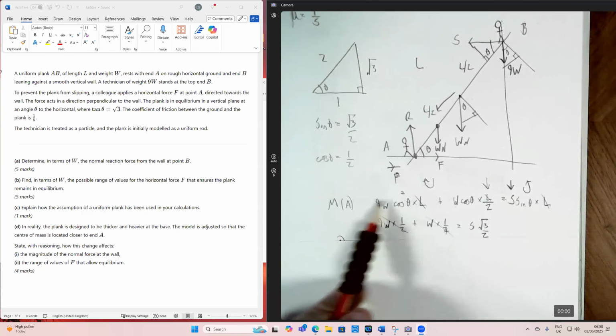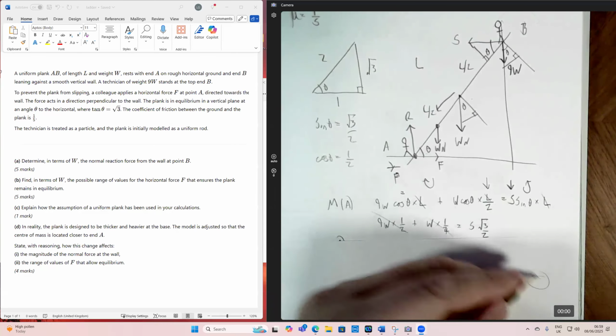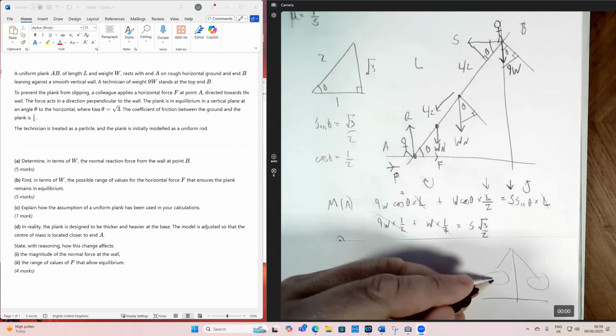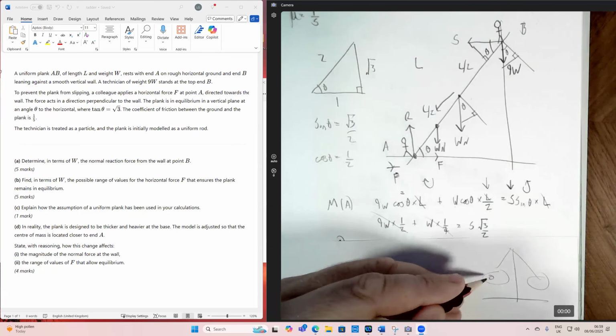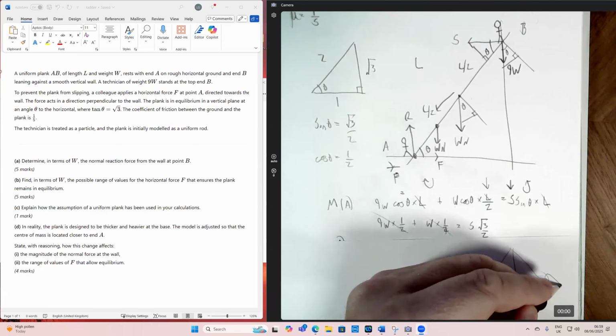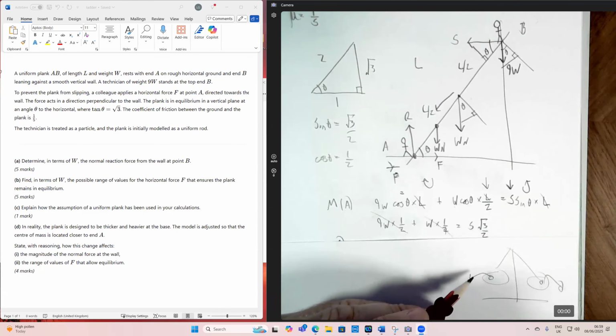Because if you imagine a pair of scales, here's my crude drawing of a pair of scales, and we suddenly take a weight off one side of the scales, in order for the scale to remain in equilibrium, we need to take the same weight off the other side, so that the whole thing remains in equilibrium.